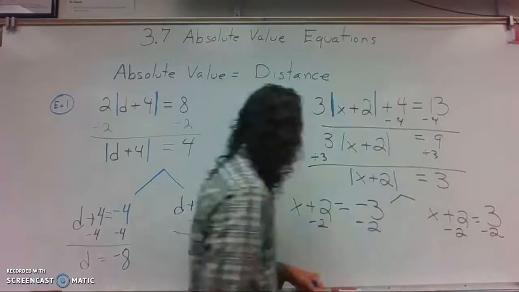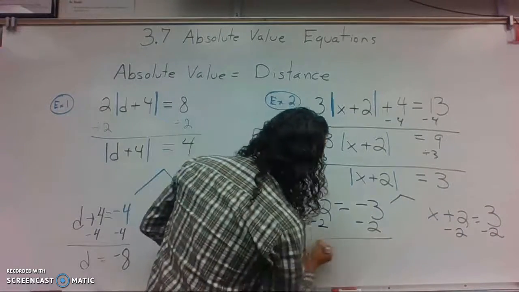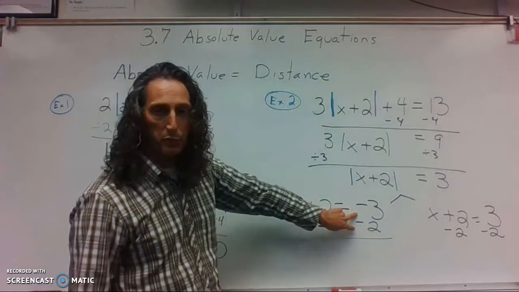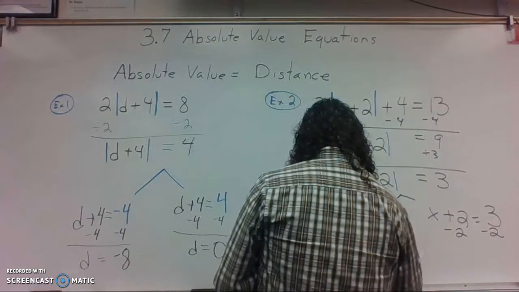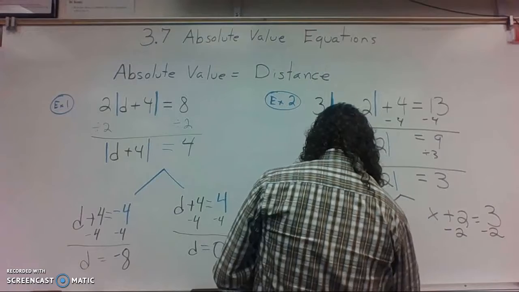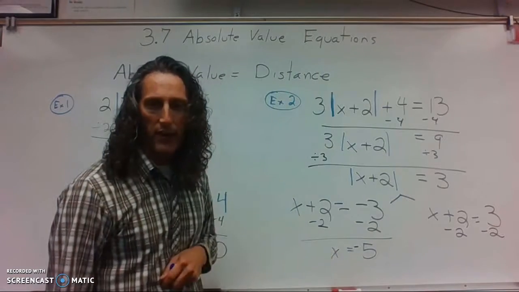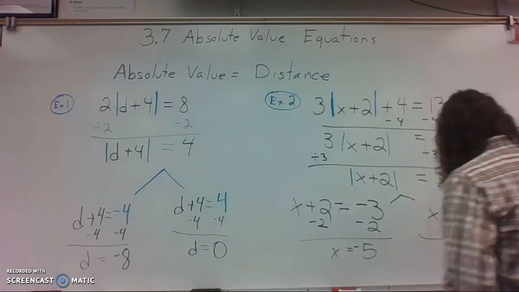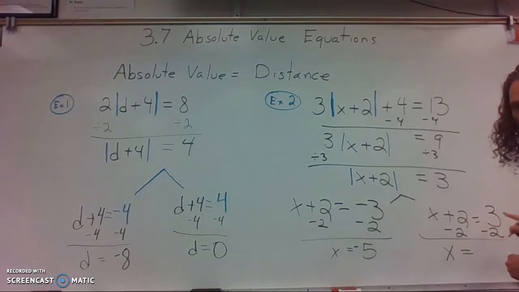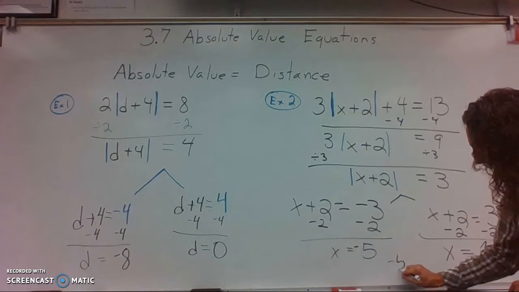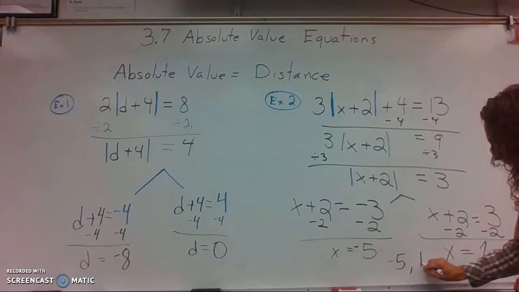And then the only reason their answers change is because this one has the 2 negatives, which will make a negative 5. So that's one answer, negative 5. And then over here, 3 and 2 will just make a 1. So your final answer is negative 5, comma 1.